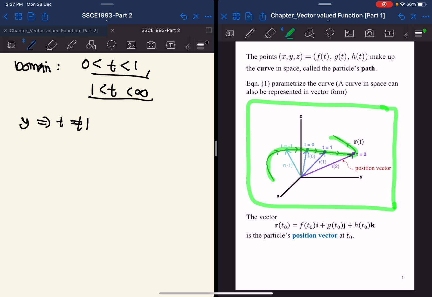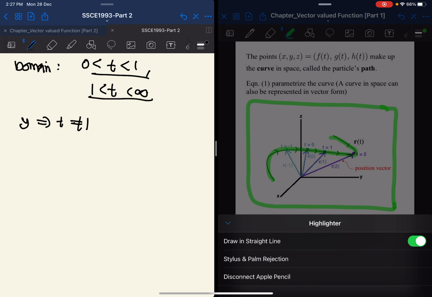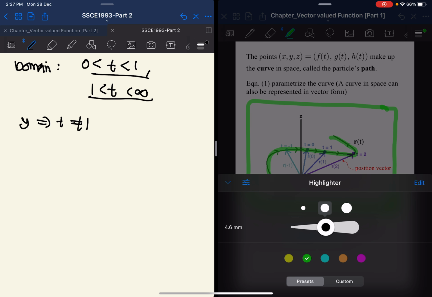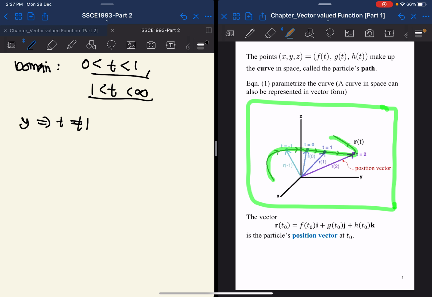If you can see here, this one is t equal to -1, t equal to 0, t equal to 1, t equal to 2. Basically this curve in space is like a path, and we call it the particle path, with the increasing values of t. That is the keyword: increasing values of t.